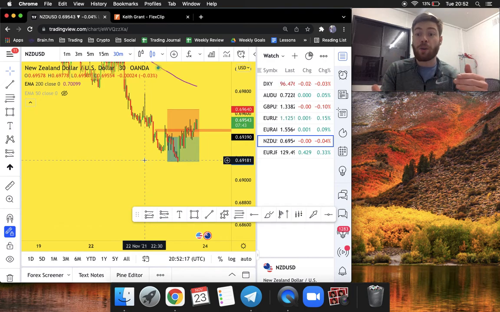You start seeing, wow, this is how the market moves, this is what the market does. And as time goes by, you continue to learn how the market moves, what times it moves at, how certain pairs like to move, all these different things.